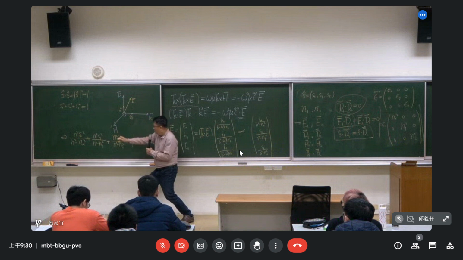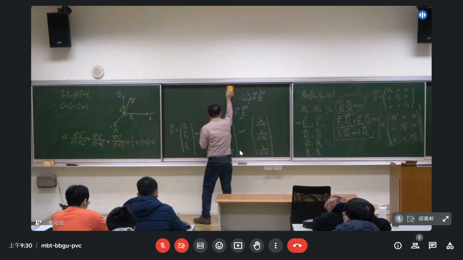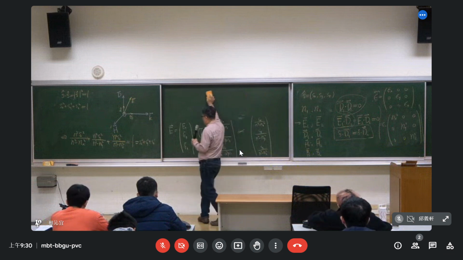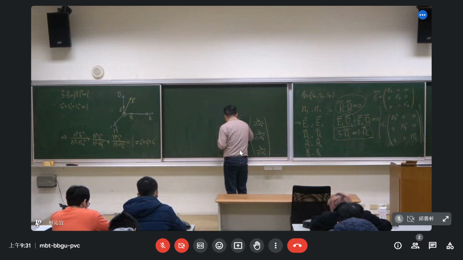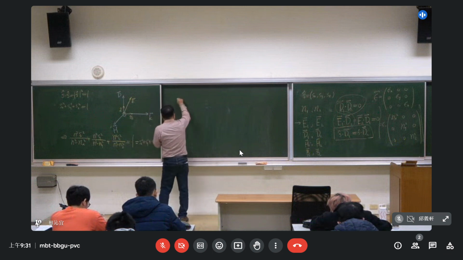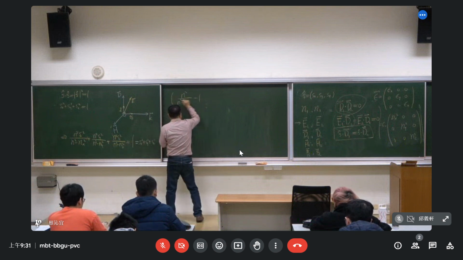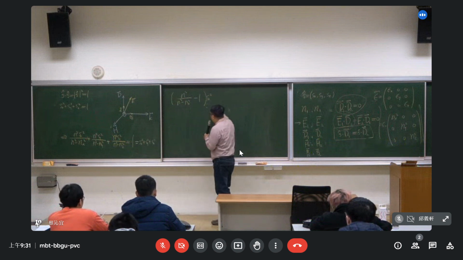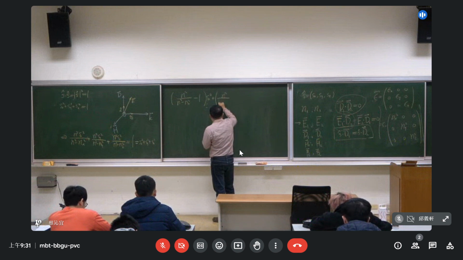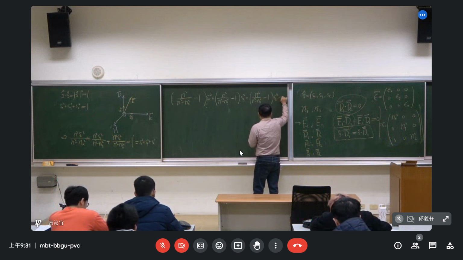So according to this equation, note that n squared over n squared minus nx squared minus 1 times Sx squared, plus n squared over n squared minus ny squared minus 1 times Sy squared, plus n squared over n squared minus nz squared minus 1 times Sz squared is equal to 0.